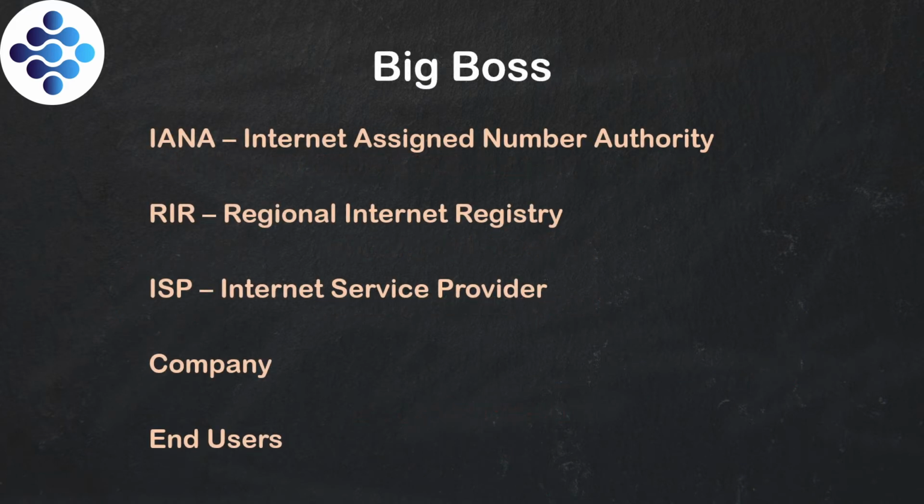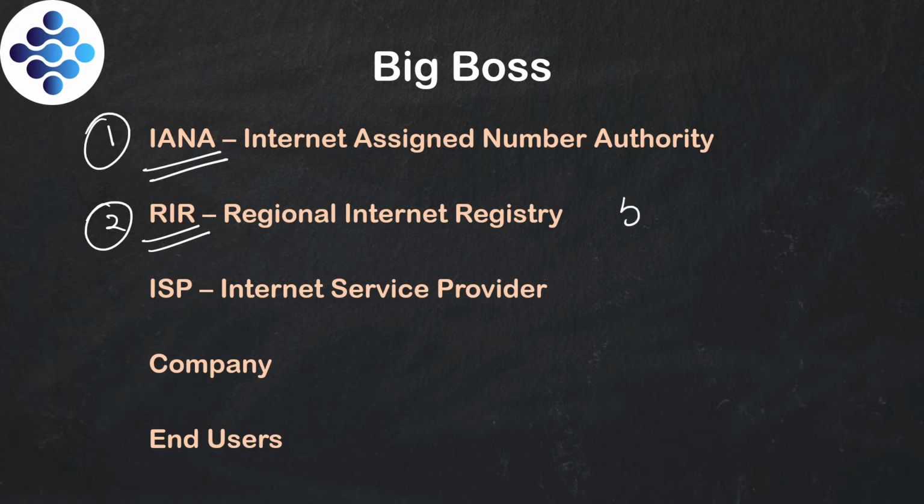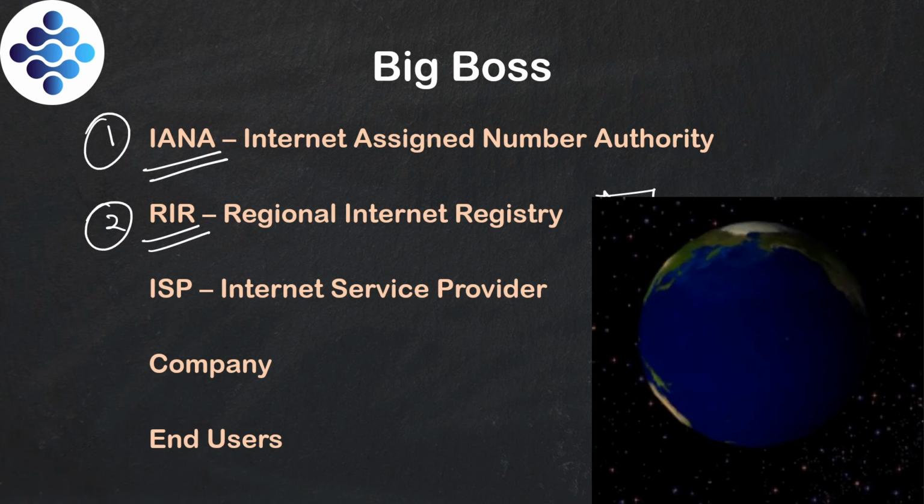Now these are the big boss or the authorities in assigning IPv6 addresses. IANA, it is the highest authority, Internet Assigned Number Authority. IANA would actually give IPv6 addresses to RIRs, Regional Internet Registries. These regional internet registries, there are 5, and these 5 are distributed across the whole earth.